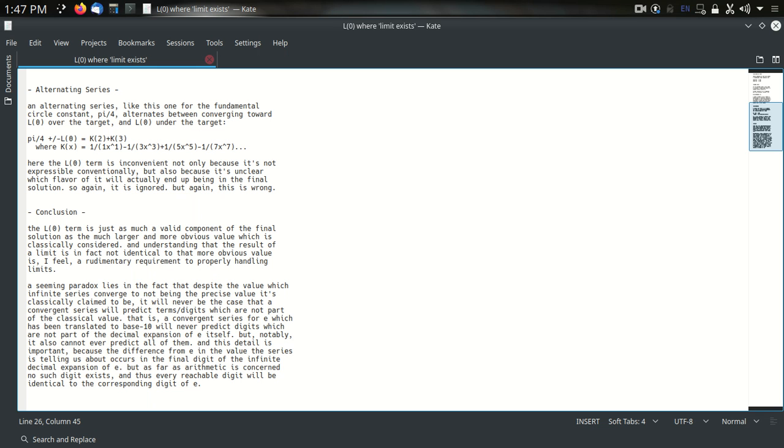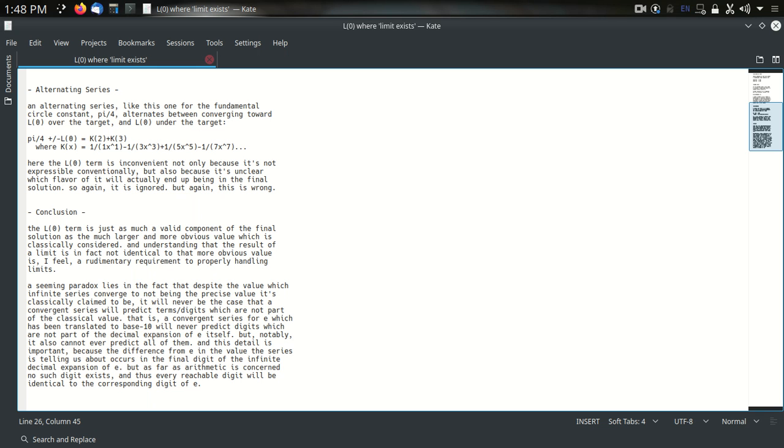It is a quantization of the value space. This is true. Of the vector space. This is true. But it is so inaccessibly tiny that it just doesn't work with arithmetic. So as far as arithmetic is concerned, no such final digit exists.